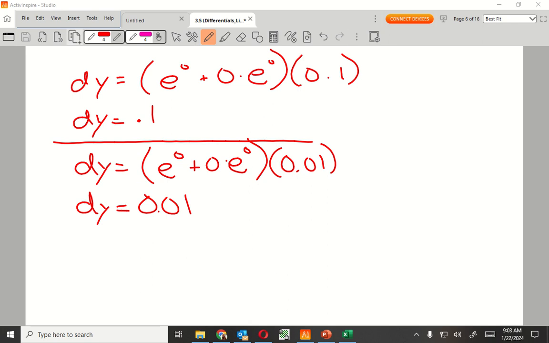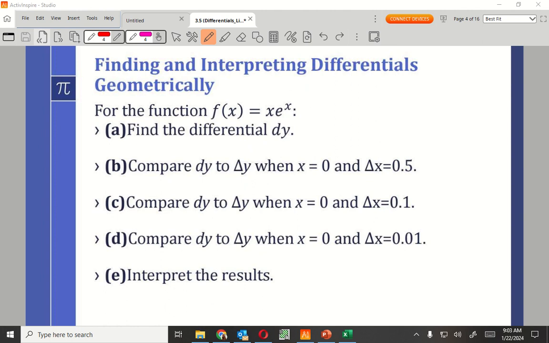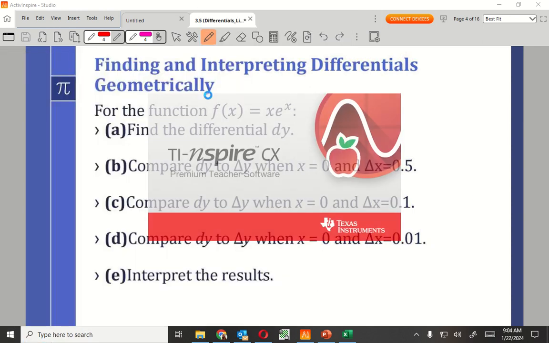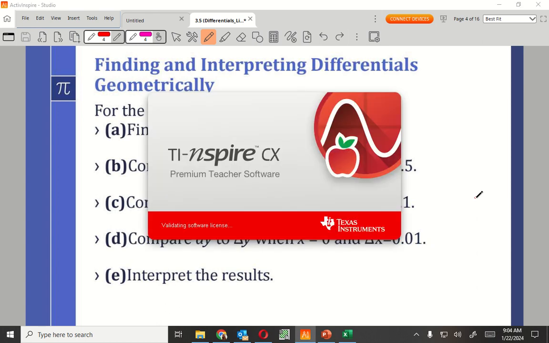So let's go ahead and interpret this by graphing it. Right here on this last one, it says interpret the results. So we're approximating this and getting closer and closer to delta x being 0. So let's go ahead and look at our calculator for this. I love these calculators because they do amazing things.